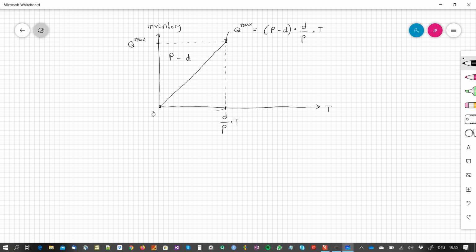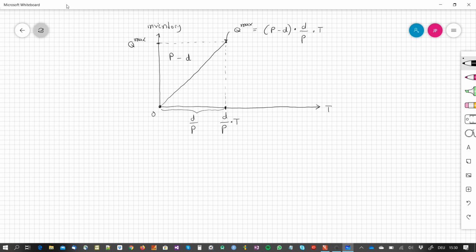So we are looking at the time that elapses. This is exactly the point where we reach our Qmax.